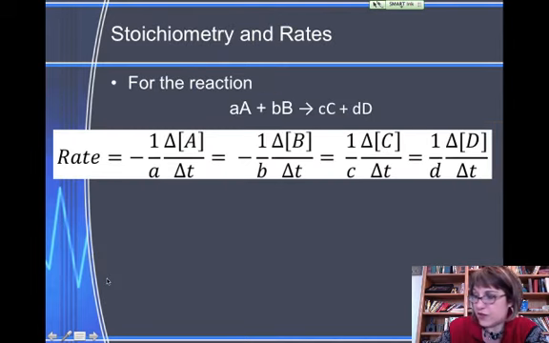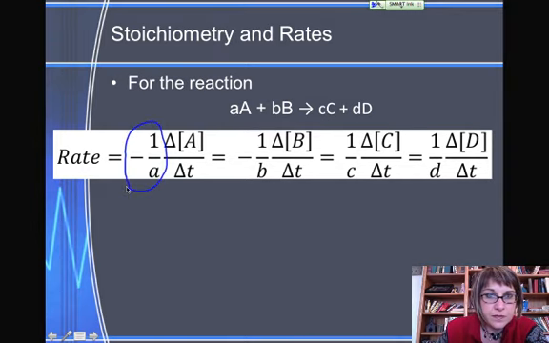For any reaction, let's call this A plus B to form C plus D, just some generic reaction, the rate is going to be equal to your coefficient in a fraction times the rate of change in that substance divided by the time. So take those coefficients and put them into your rate so you can compare one to the other.